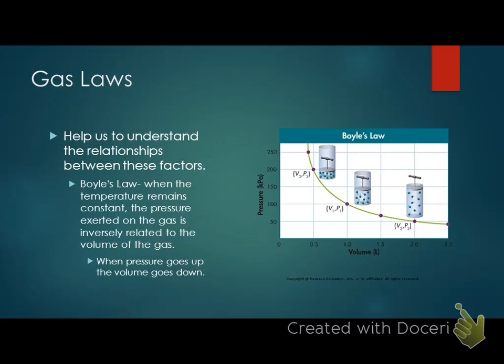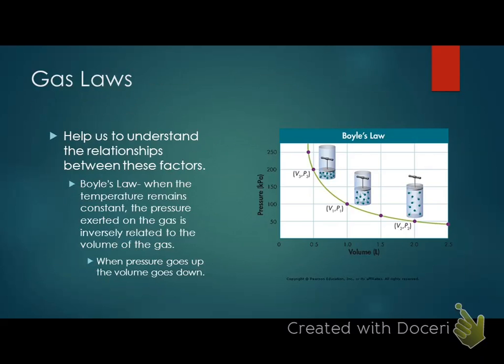Basically, Robert Boyle came up with a relationship through his studies that when the temperature remains constant, stays the same regardless, if pressure is exerted on the gas, the volume will decrease. It's an inverse relationship. Pressure goes up outside, volume goes down.